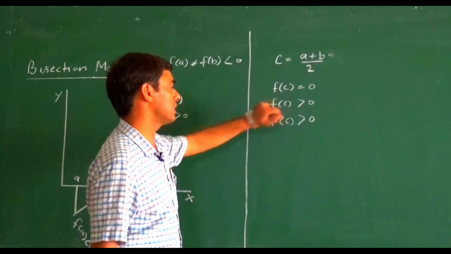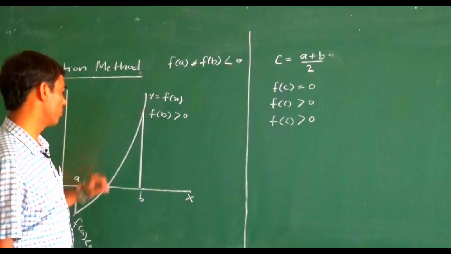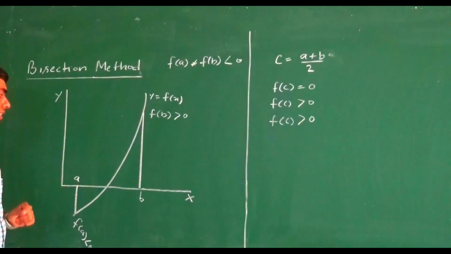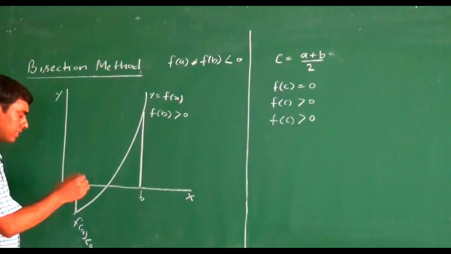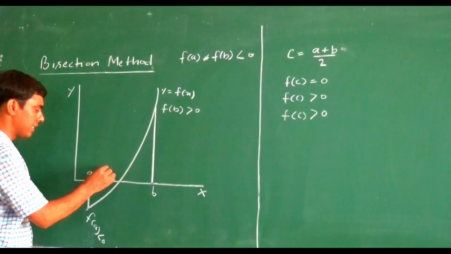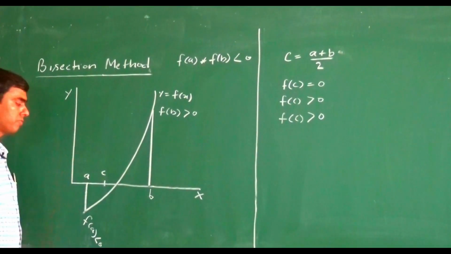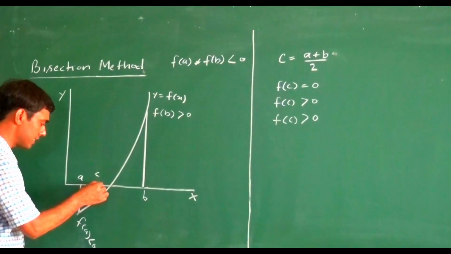Now suppose f(c) is greater than 0. Then according to the necessary condition, at one point the value of the function is positive and at another point the value of the function is negative. For the sake of simplicity, suppose the value of c lies here. Then what is the value of the function here?